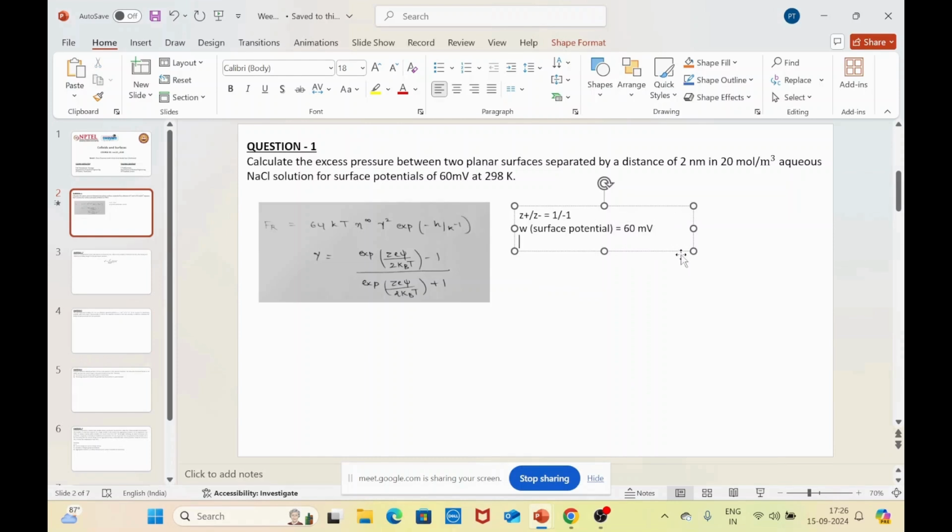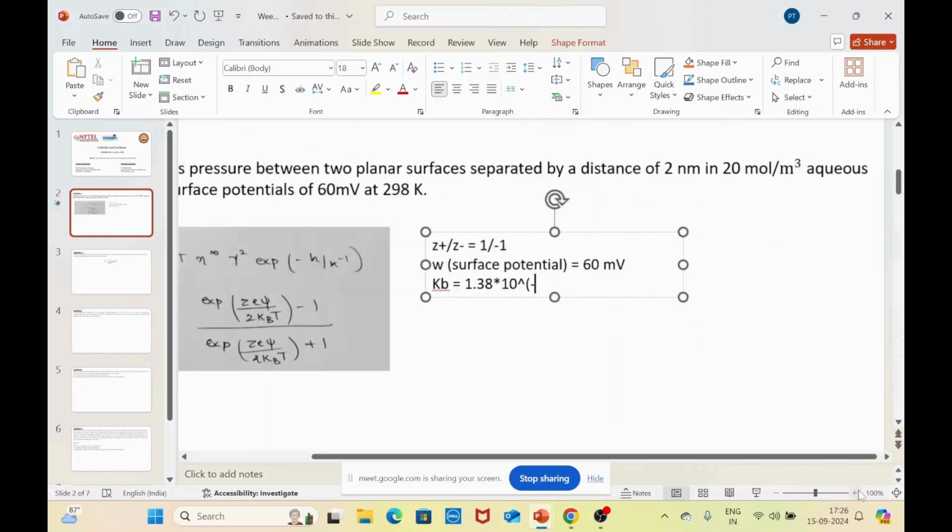After that, kB is the Boltzmann's constant, which is 1.38 times 10 to the power minus 23, with units joule per Kelvin, and temperature is given as 298 Kelvin.